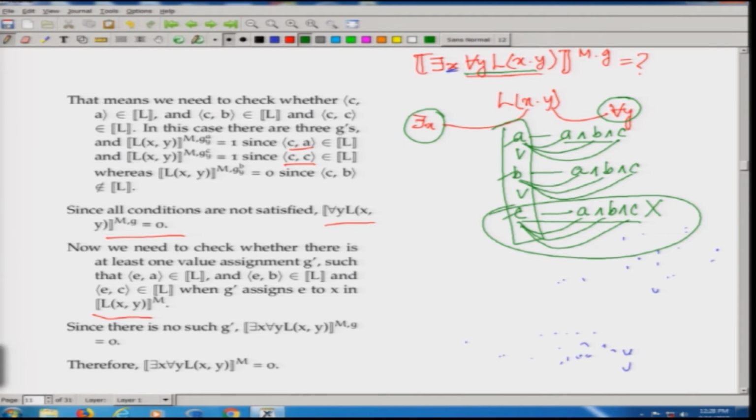Had it been all, then it would be enough for us, because we can see that at least one thing does not satisfy. But then because it is not all, because it is sum, we need to check more. We need to find, is there anything that satisfies. That is, is there any value of x which pairs with all other values, if it is A, then like this, or in general we can say it is E. So we are trying to find some value E such that all EA, EB and EC do belong to L.